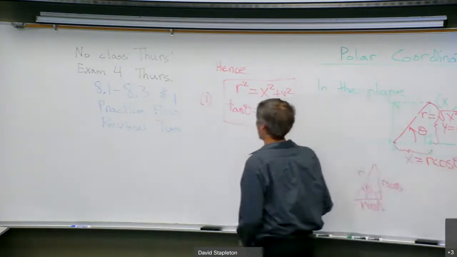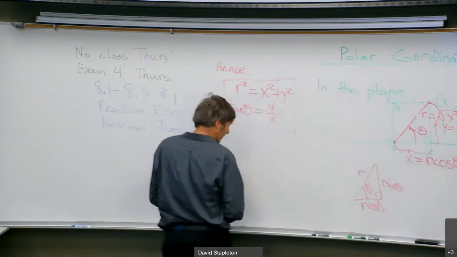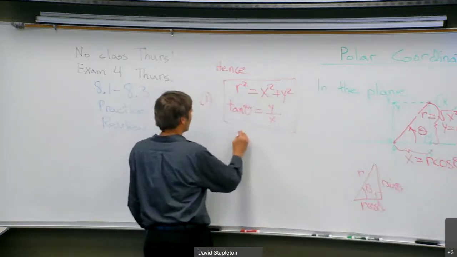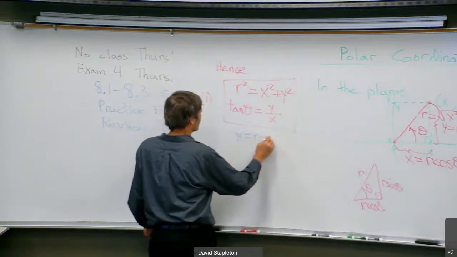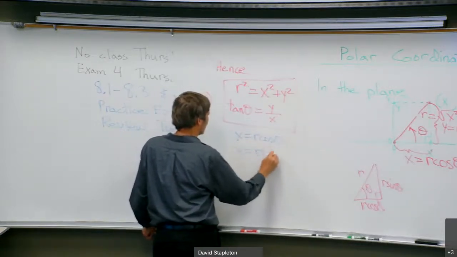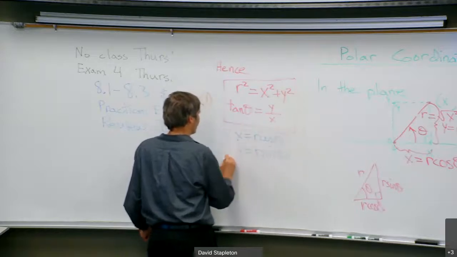So now from that picture, we observe that we can go back the other way, make some blue equations here, and say going the other way, x must be equal to r cosine theta, y must be equal to r sine theta. So if I'm given r and theta, I can find x and y back.